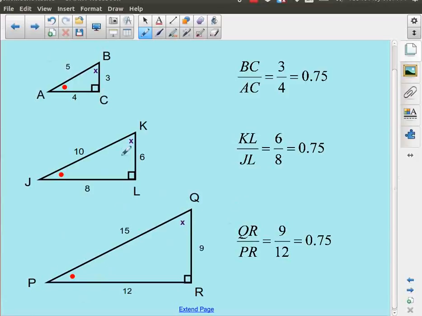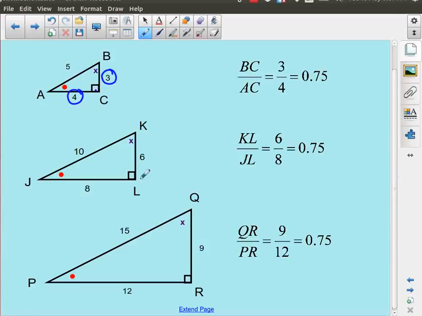But I just want to ask the question now, well, what if I ask about the ratios within a triangle? So for example, I take BC divided by AC. The way we can figure out which ones I chose, you can see that the BC side is the side that runs between the 90-degree angle and the X. And the AC runs between the 90-degree angle and the red dot.